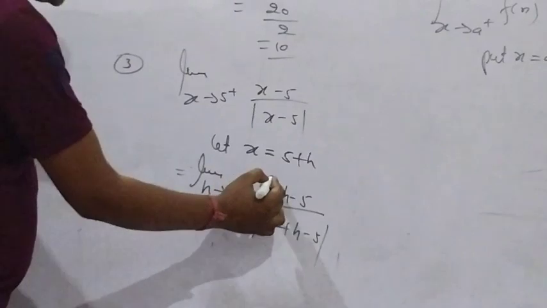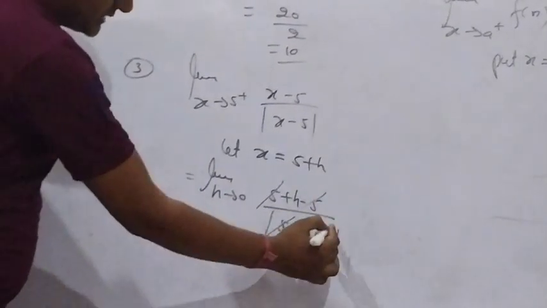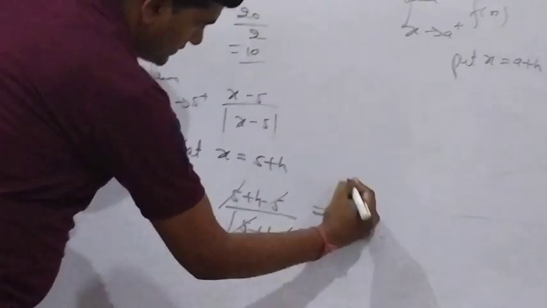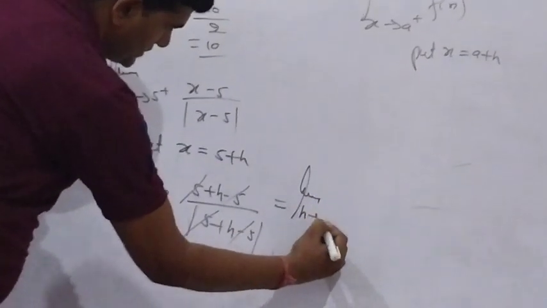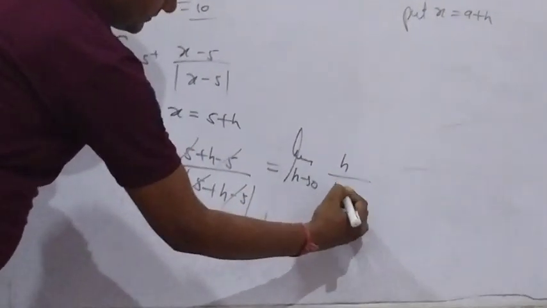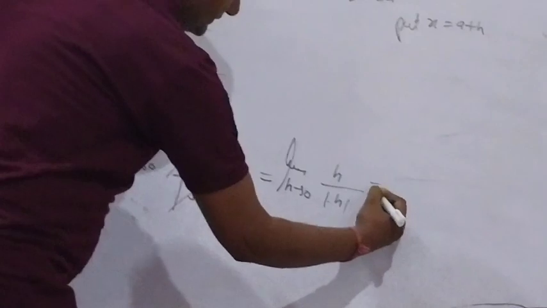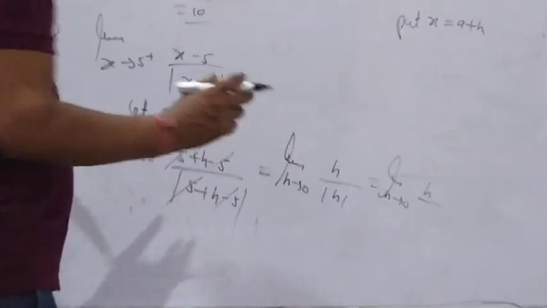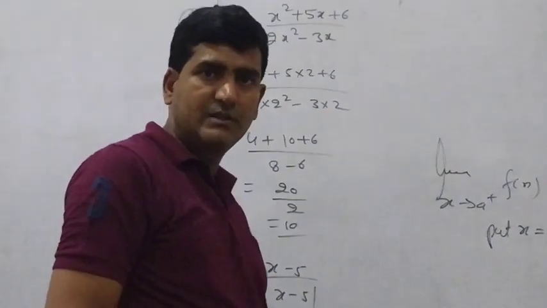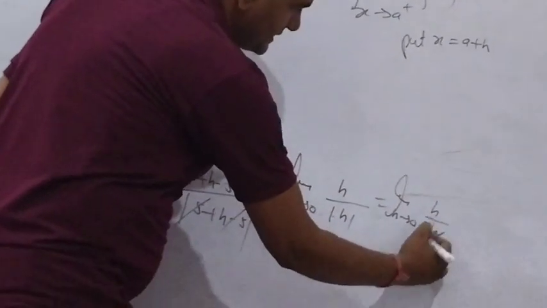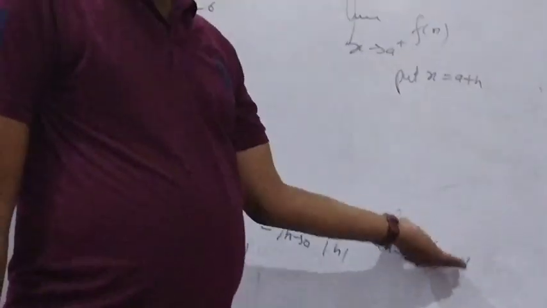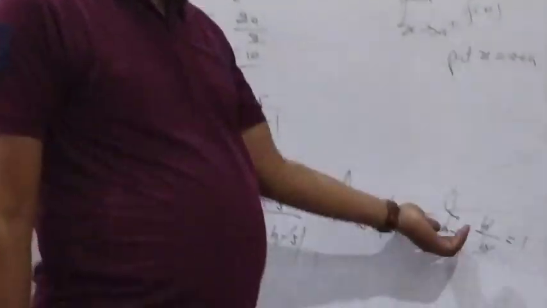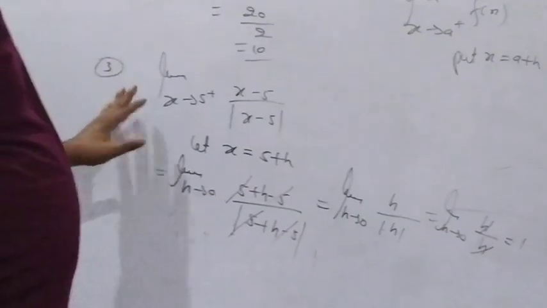After that, plus 5 minus 5 cancels, plus 5 minus 5 cancels, is equal to limit h tends to 0, h upon mod of h. h upon the absolute value of any number, negative or positive, will come, it means h is cancelled at last. If after that any h is there, we will put the value h is equal to 0. Now this is the answer, the value of this question.